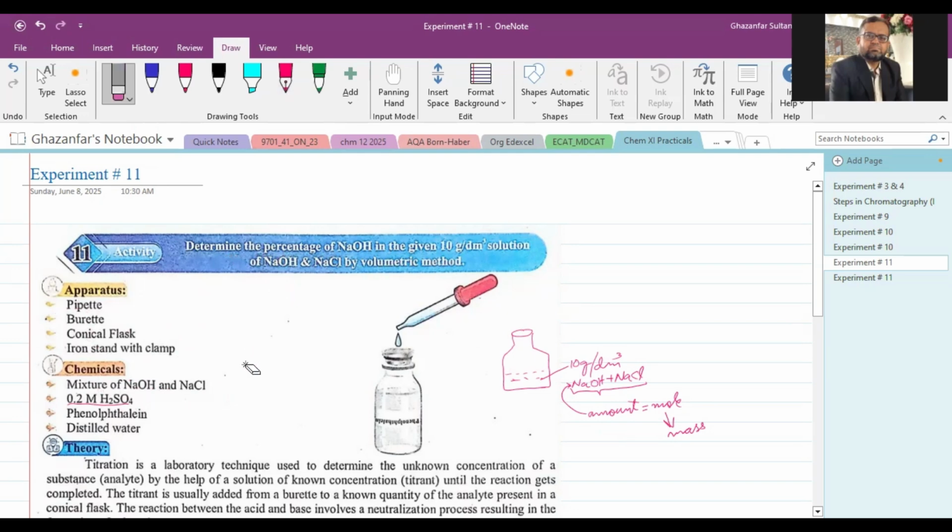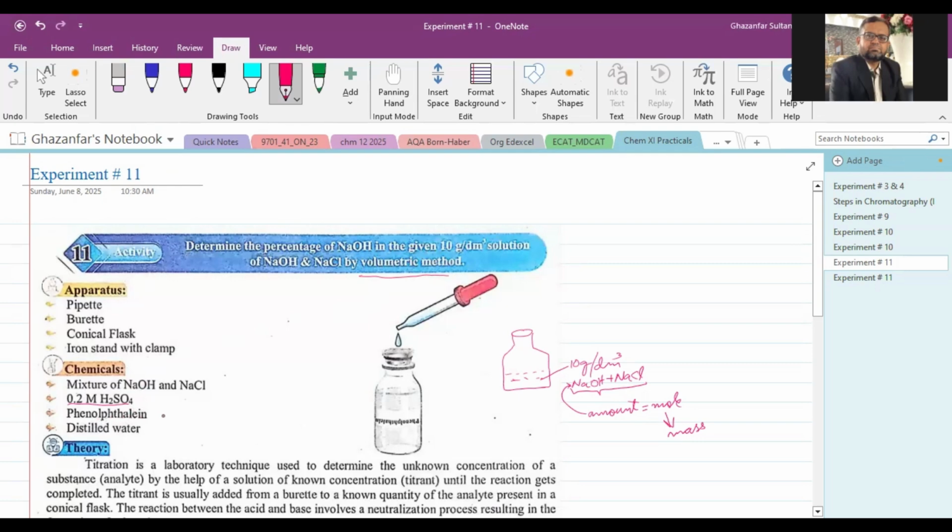So now, this is a strong acid, strong base titration because we are doing this by volumetric method. In volumetric method, you know, we use titration. So here strong acid and strong base are there, and the indicator that we use is phenolphthalein.